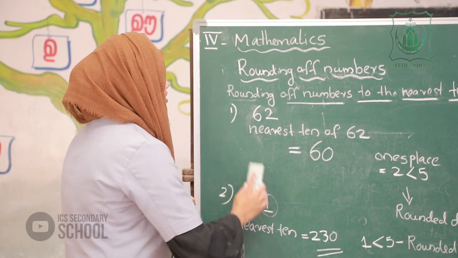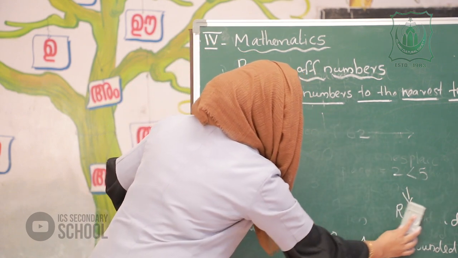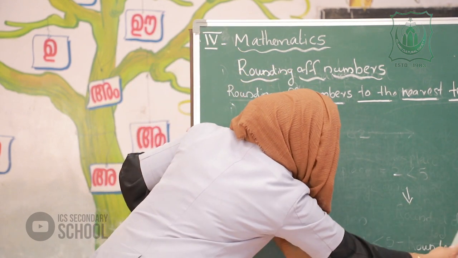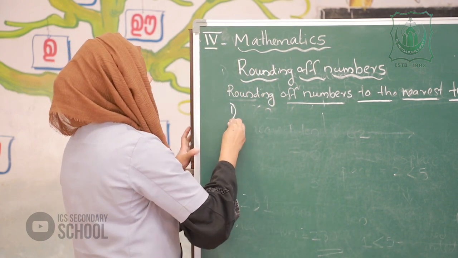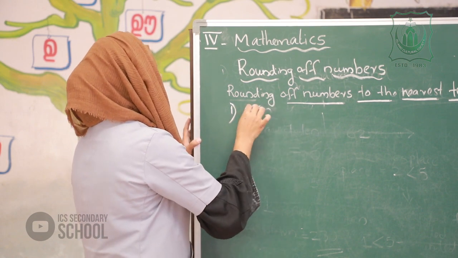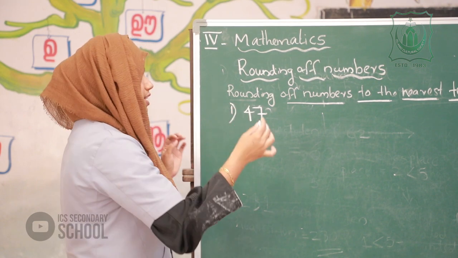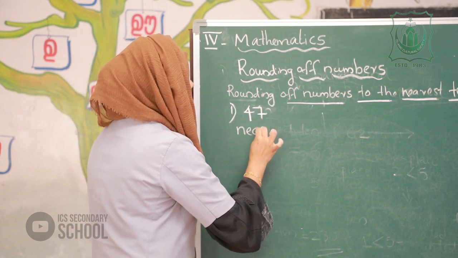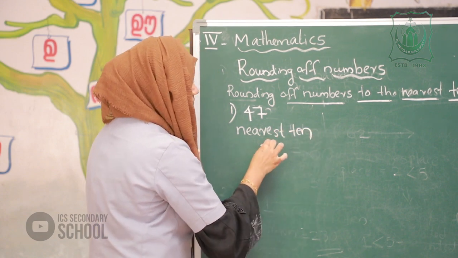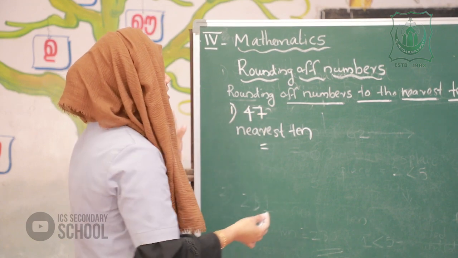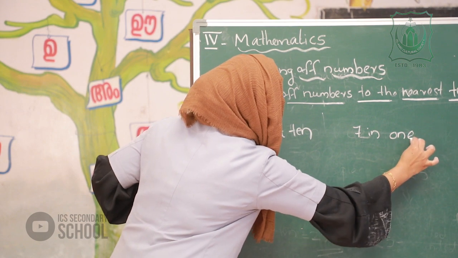Next, the same nearest 10, but the ones digit is greater than 5. In the case of 47, find the nearest 10. 7 is in which place? Ones place.